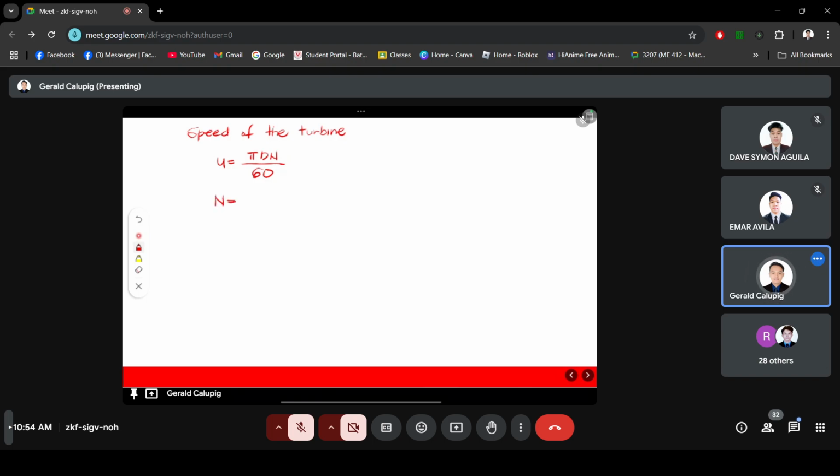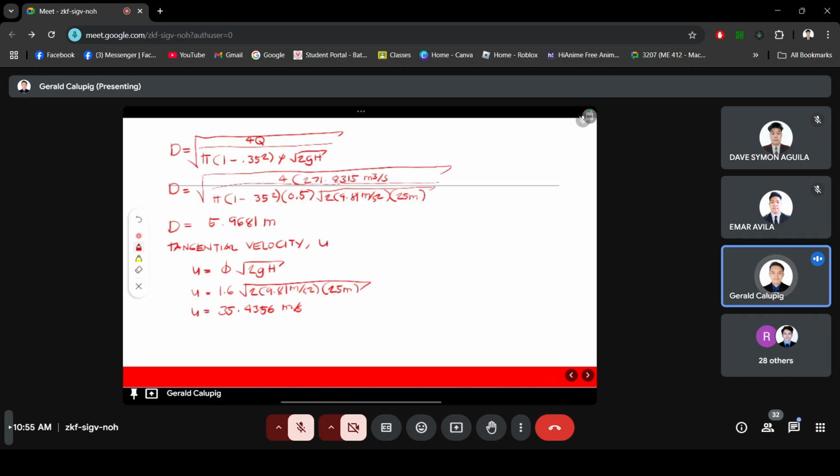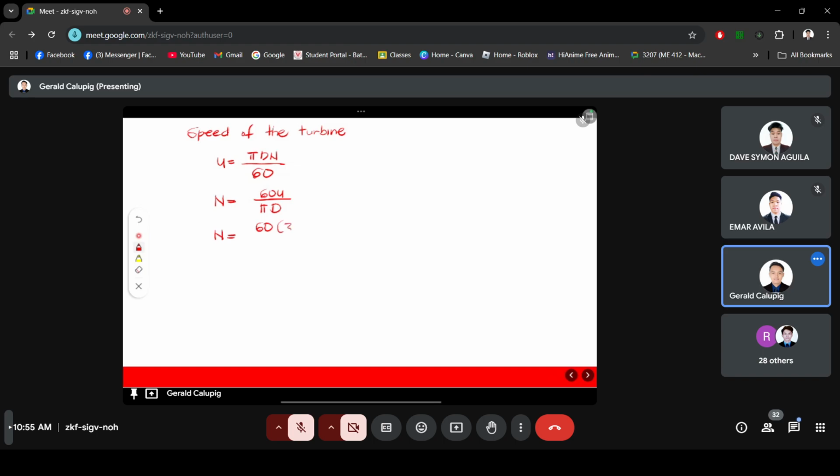Okay, so we can have our n by what? Let's derive first. So we can have here 60u over pi d. So we can have our n, substituting the data, we can have 60 times 35.4356 meter per second all over pi times our diameter.